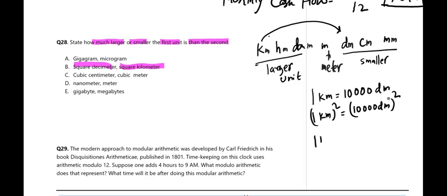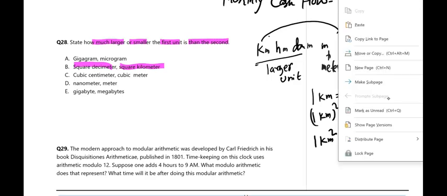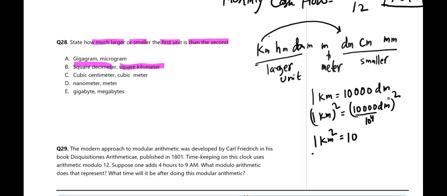So basically, 1 kilometer square equals, notice that this is 10 to the power 4, and if you multiply 10 to the power 4 by 10 to the power 4, because you're squaring 10 to the power 4, it gives you 10 to the power 8 dm squared. So to make 1 kilometer square, you need 10 to the power 8 decimeter square.